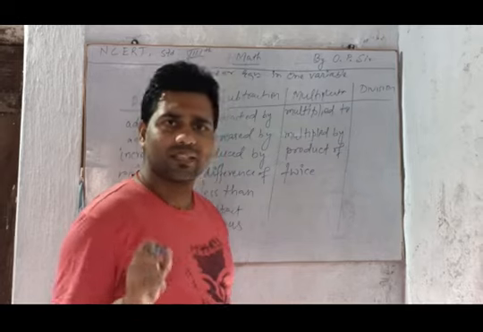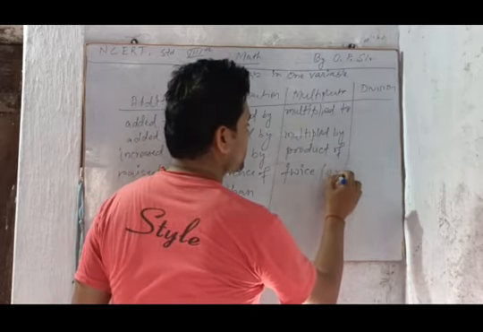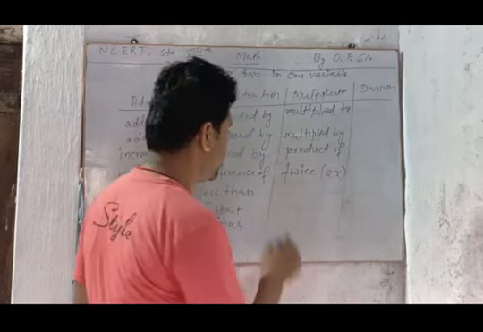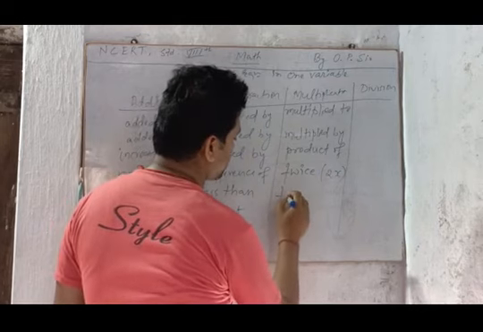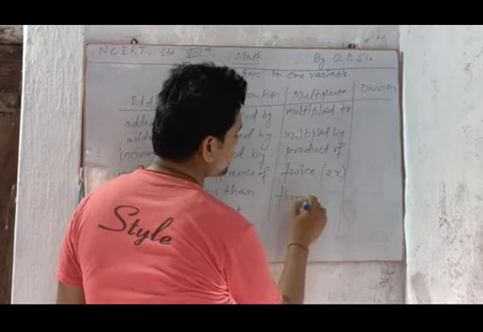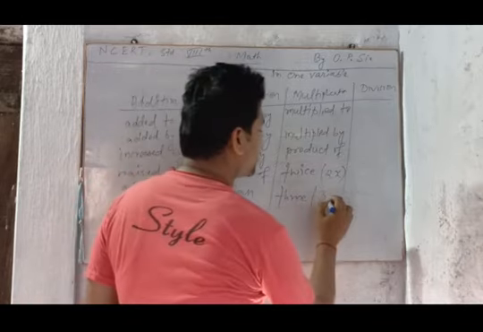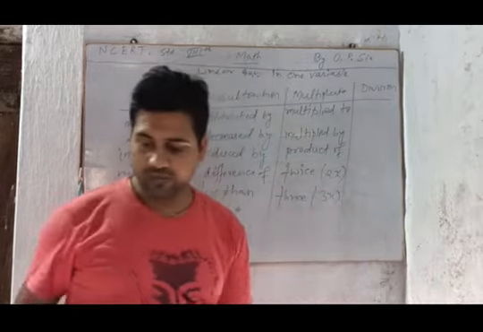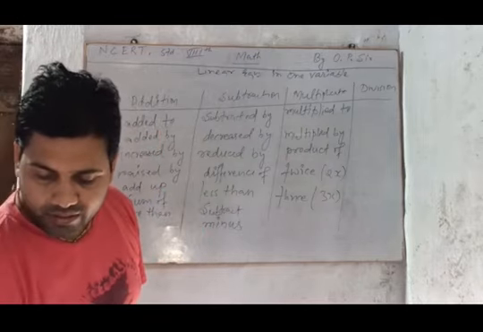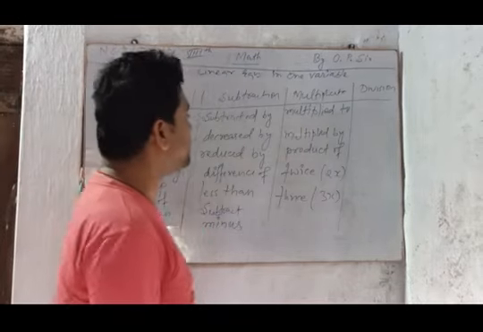If the variable is x, then that will be 2x, twice of a number. Thrice of a number: if the variable is x, that will be 3x. So these words may come in this case.